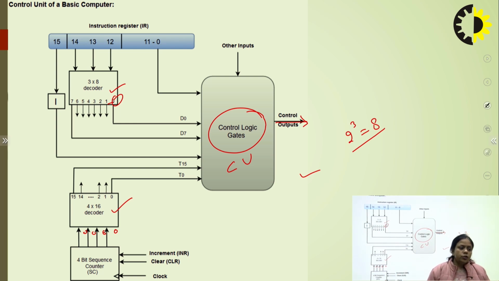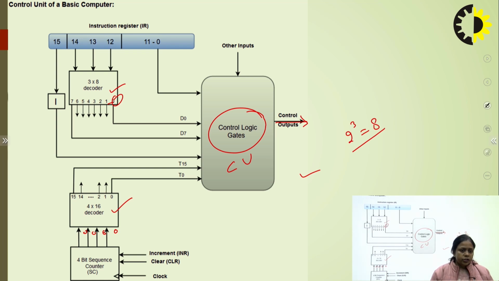The 4-bit sequence counter will generate a sequence of the numbers 0 0 0 0, 0 0 0 1, 0 0 1 0, and in this way it will give the input to the decoder, and timing signals will be generated: firstly it will generate T0, T1, T2, T3, all the time of the instruction cycle.